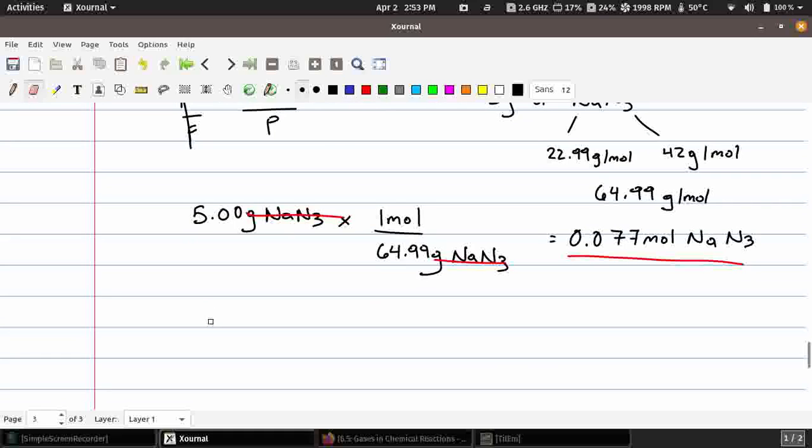So that's a 2 to 3 ratio. You have 0.077 moles of sodium azide times 3 moles of nitrogen gas divided by 2 moles of sodium azide.